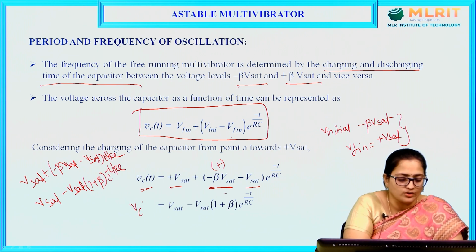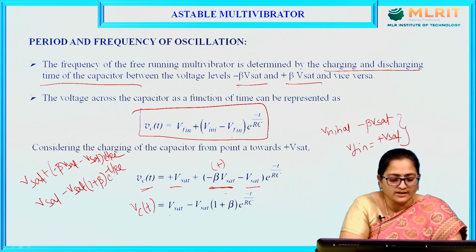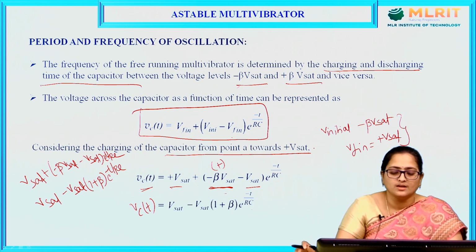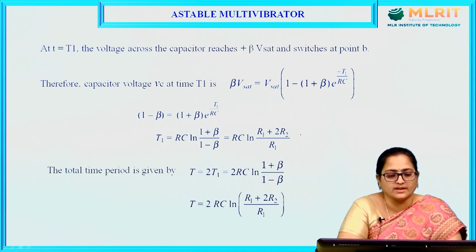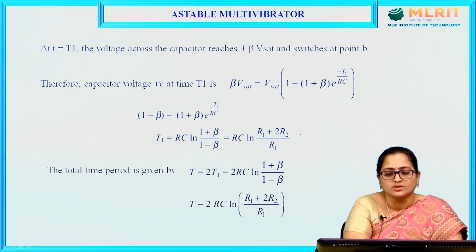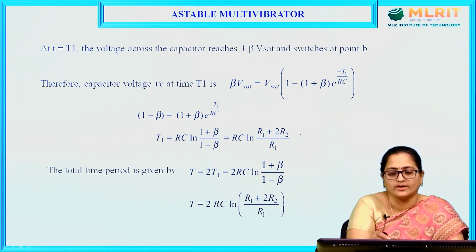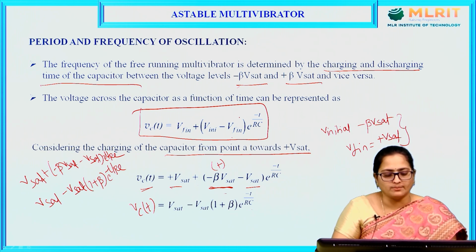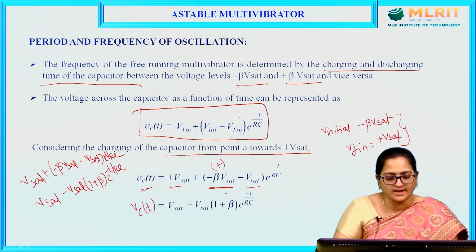So the voltage across the capacitor is Vsat minus Vsat (1 plus beta) e power minus t by RC when the capacitor is charging towards plus Vsat.